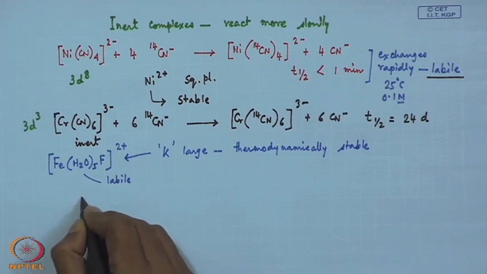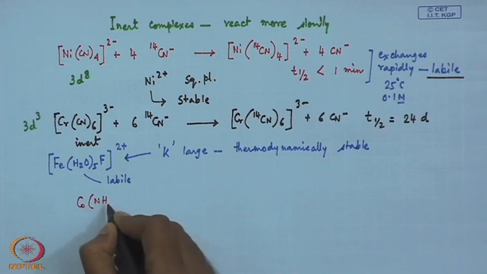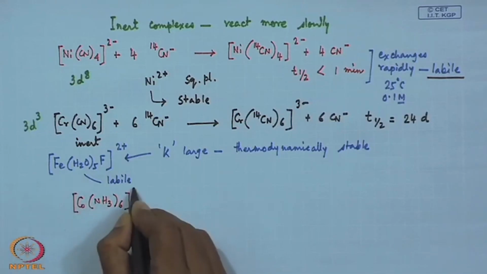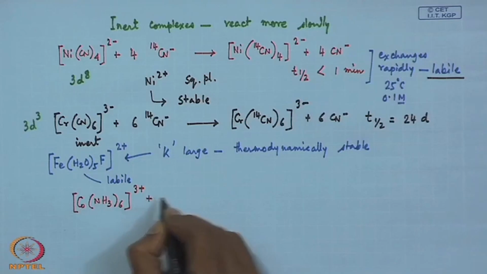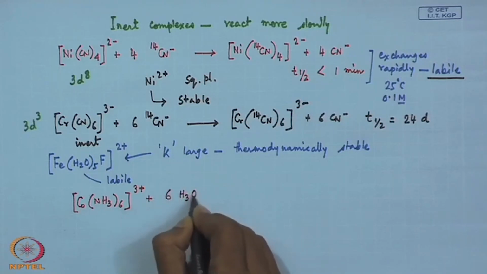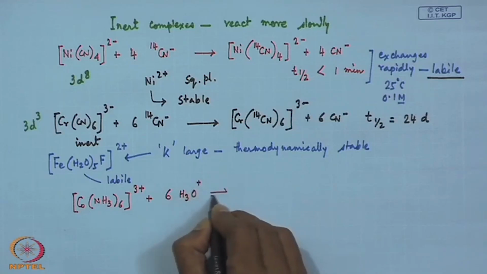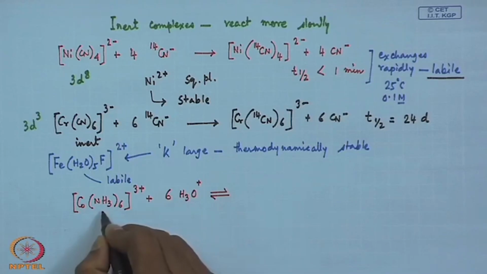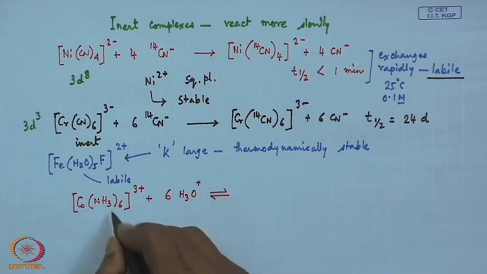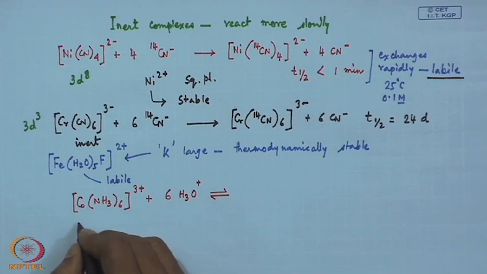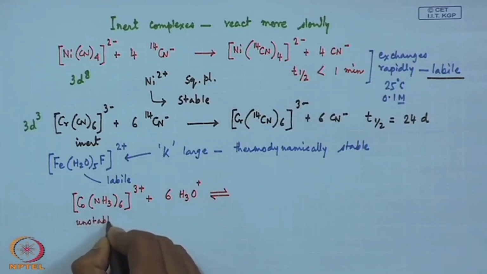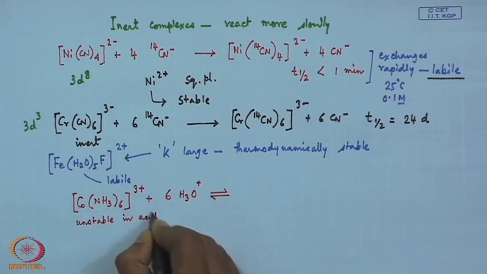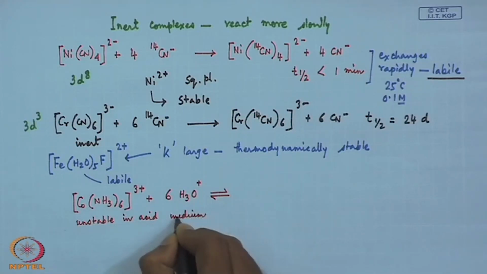So what we just told you also, is that when we have the species hexaamminecobalt(III), which when reacting with acid, which is the protonated one, H3O+, this proton will go and bind with the ammonia molecules, and this particular one is unstable in acid medium.